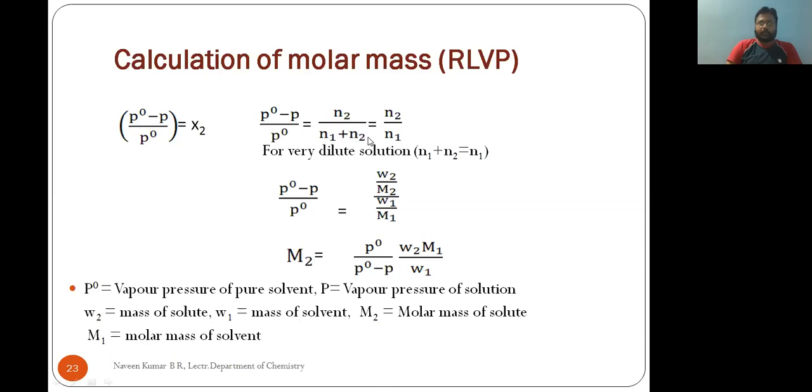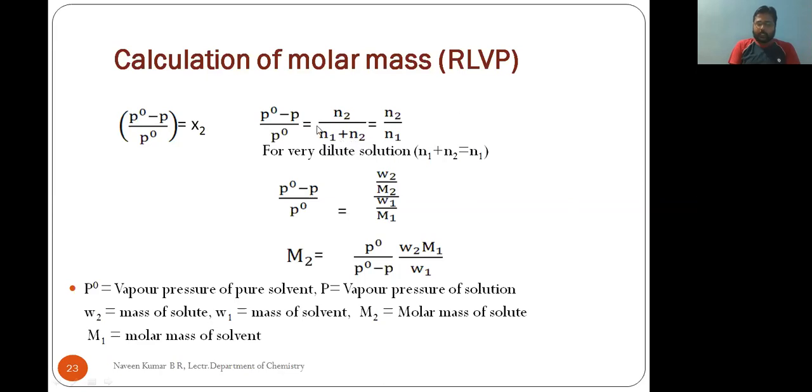Now, after getting the definition equation here, we'll assume a condition. If the solution is very dilute, the number of solute particles is negligible when compared to the number of solvent particles. So in the solution, by mixing the two, we'll assume the number of moles of solute is negligible or very small for a very dilute solution.